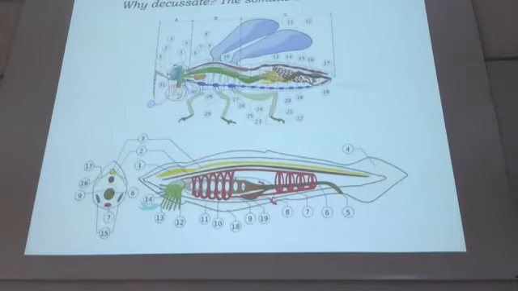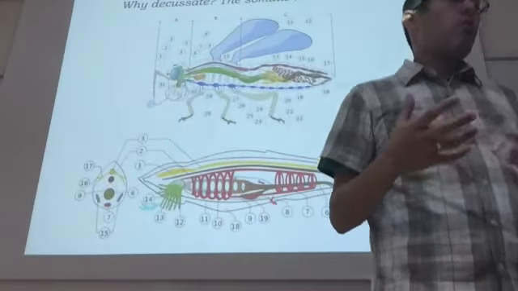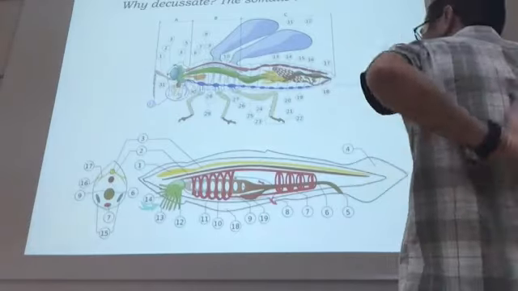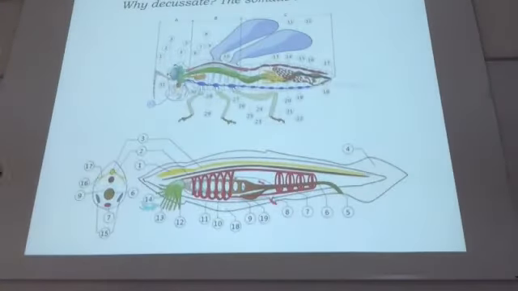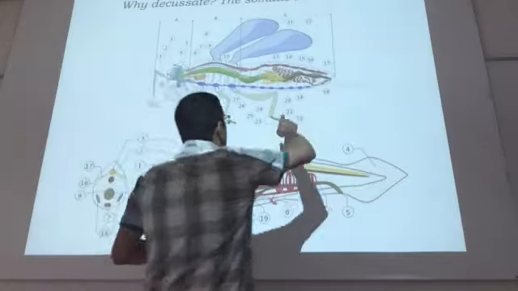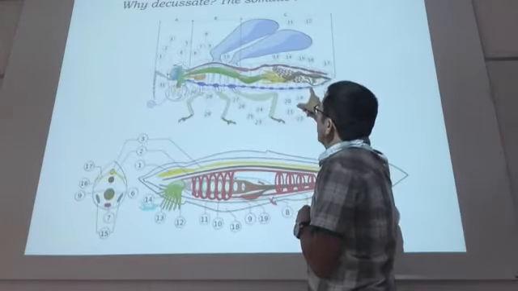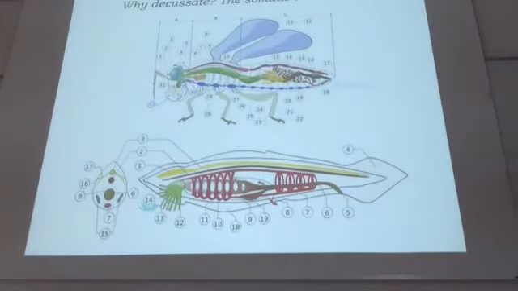What I want you to notice is that in all vertebrates, all chordates, our spinal nerves, the spinal cord and brain, everything is on the back. With insects, it's the other way around. The nerves are ventral, and their GI tract is in the back.